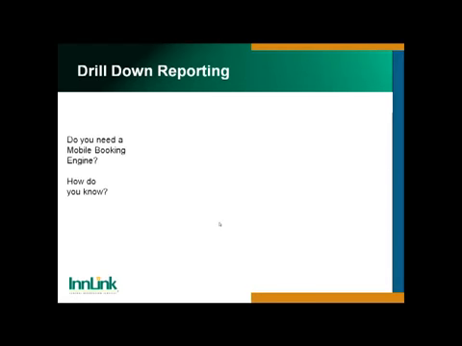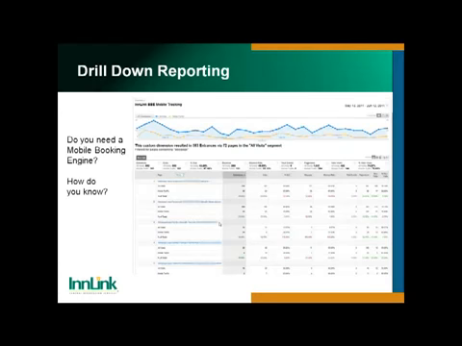I can then drill down, so maybe, do I need a mobile booking engine? And how do I know? This is a breakdown of the previous chart we just saw, and not only can we see the trends visually, but then I can break down and look at each page. I can see people coming on page 1, going to page 2 to 3, all the way to the final confirm reservation, page number 5.